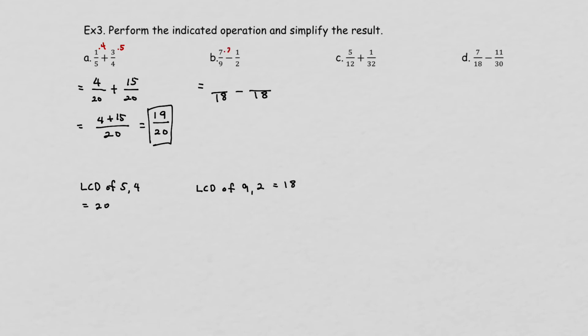So you're going to multiply 7 by 2. For the same reason, this numerator needs to be multiplied by 9. So you end up getting 14 and 9. When you combine 14 minus 9, you get 5 over 18.